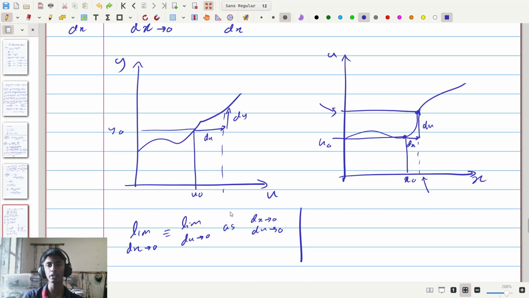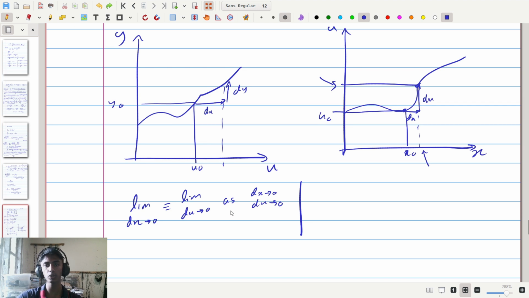The other thing I want you to consider is what du actually is. So over here, this other point of x here is x0 plus dx. And then here, this point over here is u0 plus du. But this point is also equal to, according to our relationship, since u was equal to g of x, this point here was g of x0, and this other point here was g of x0 plus dx.